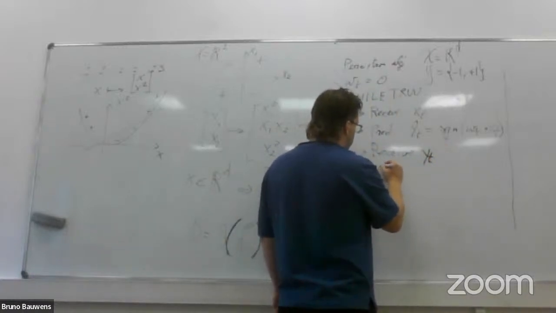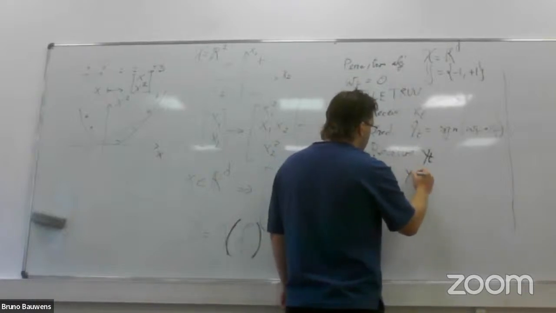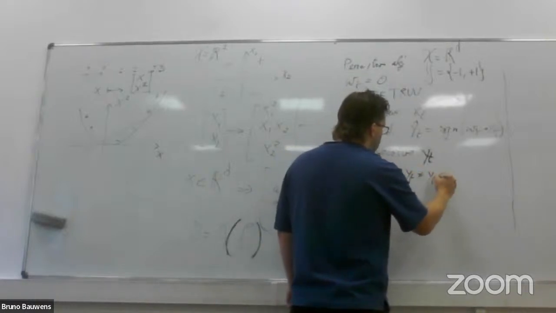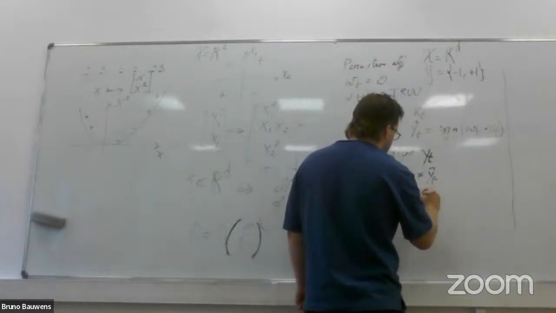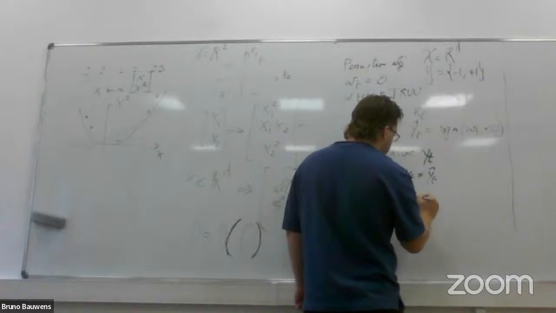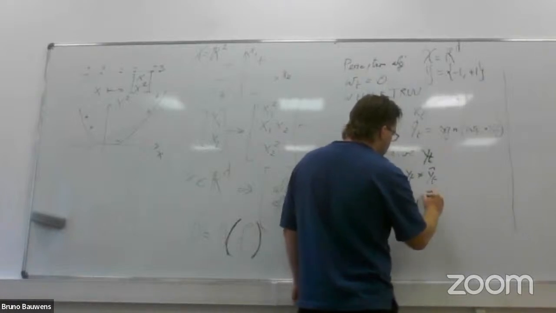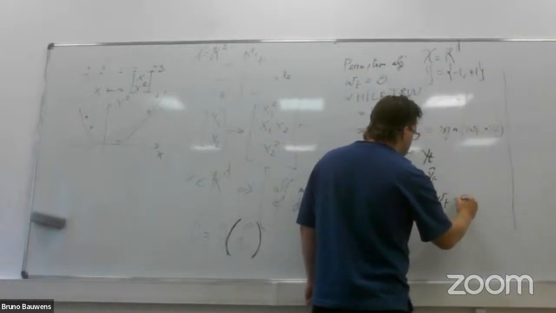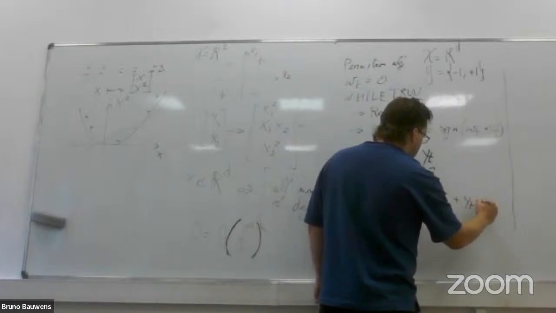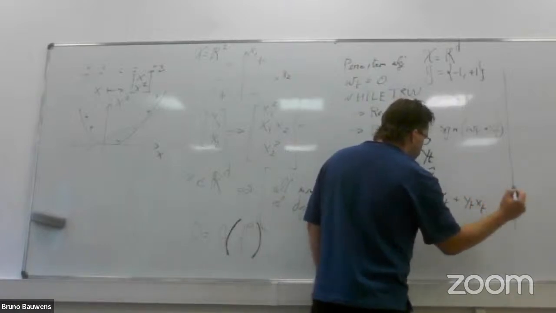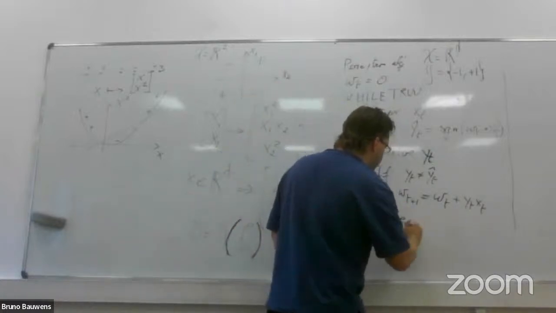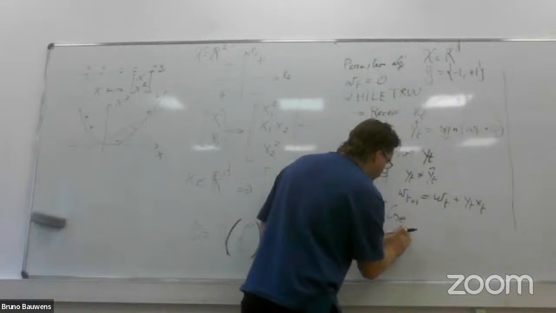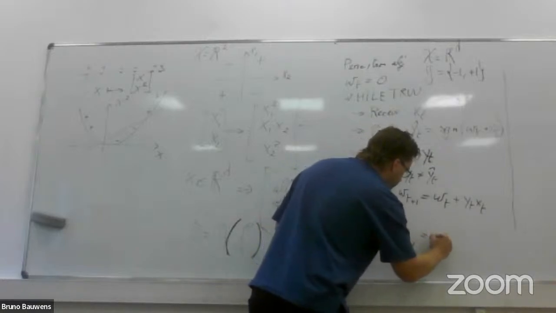If y_t is different from the predicted value y-hat_t, then w_{t+1} equals w_t plus y_t x_t. Otherwise w_{t+1} equals w_t.